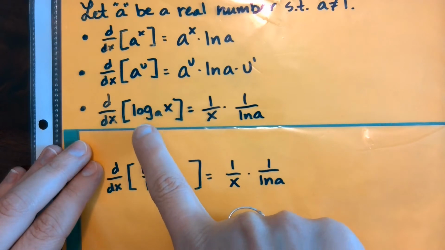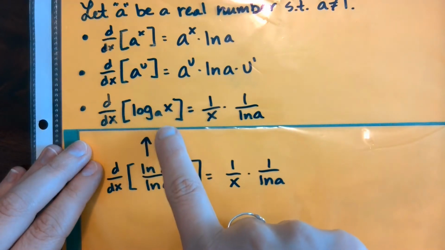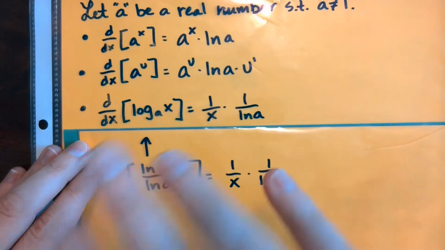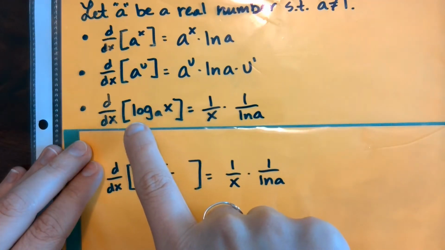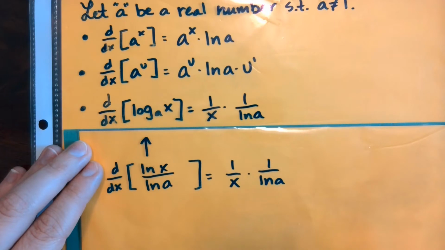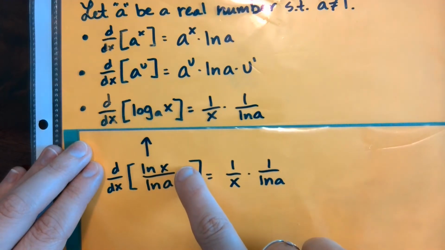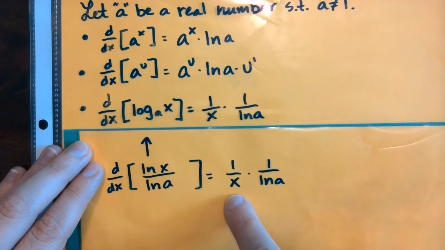If we were to take log base a of x, I'm allowed to rewrite it using the change of base formula, which I can use any base for, and I can just rewrite it as log base whatever of x divided by log base whatever of a. So if I use a base of e, that means I could write it as natural log of x divided by natural log of a. Then when I go to take the derivative, my derivative of the natural log of x is my 1 over x.